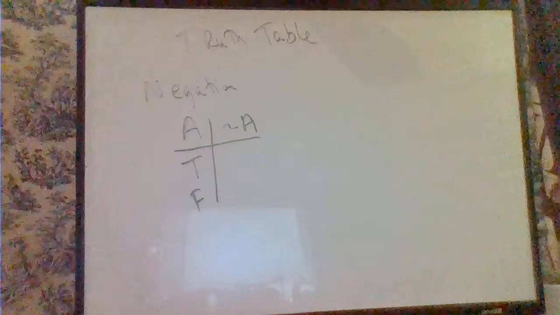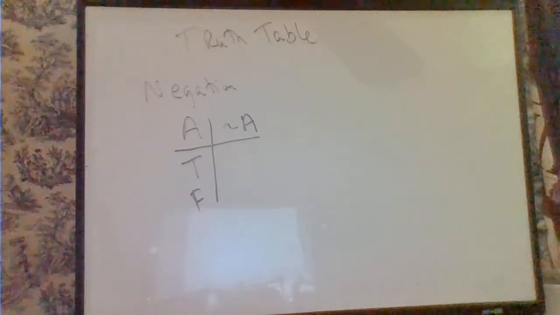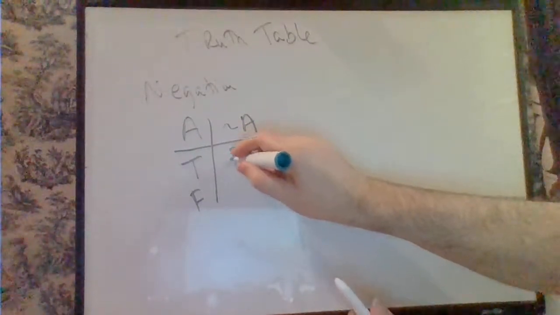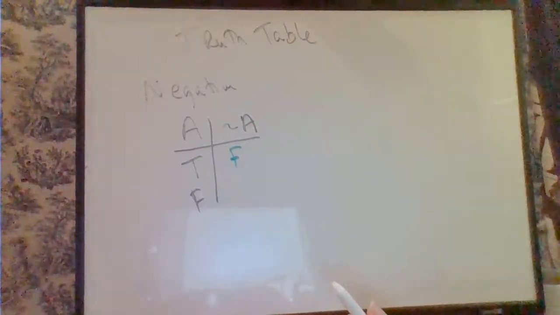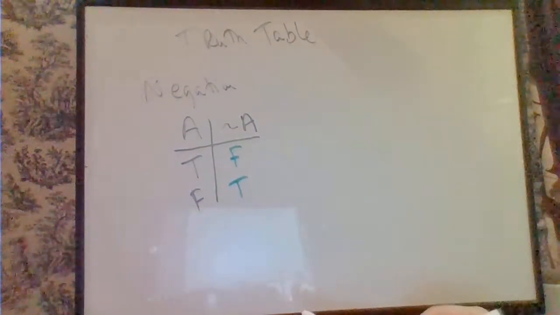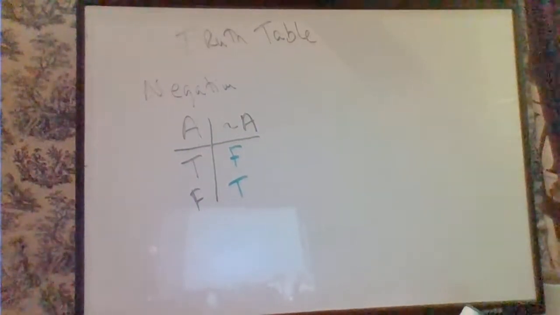It's either true or it is false. Well, very simply, if the statement A is true and you negate it, then that makes it false. If the statement A is false and you negate it, well, then that makes it true. That's really all there is to that truth table, right?